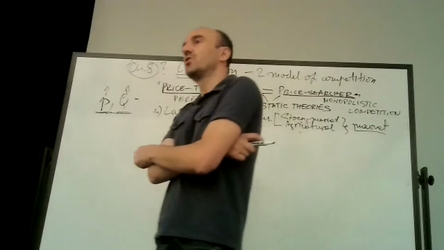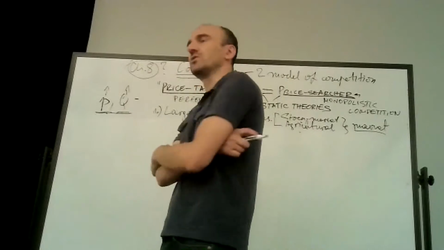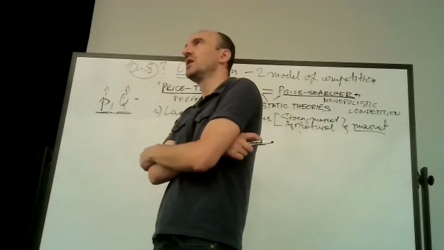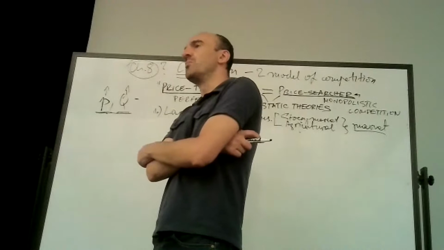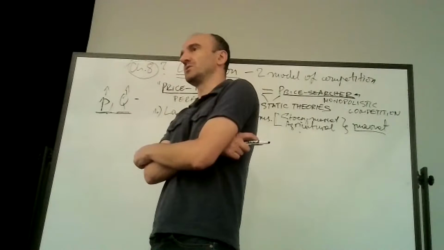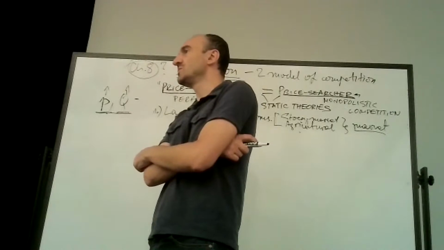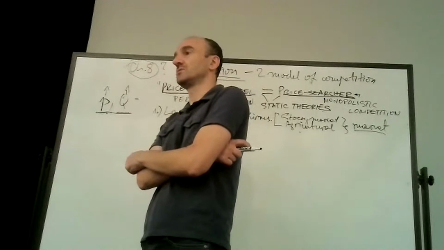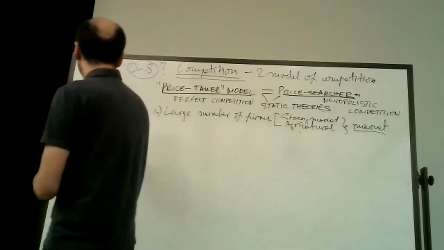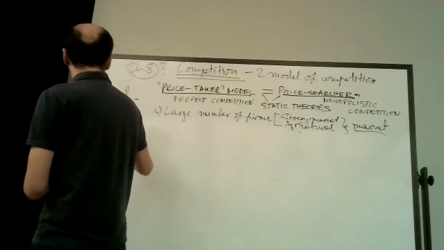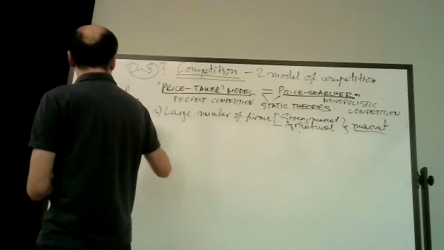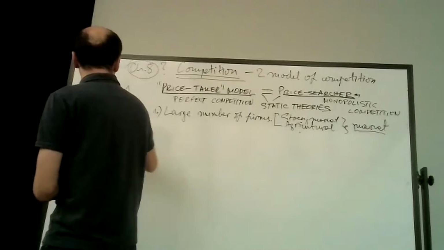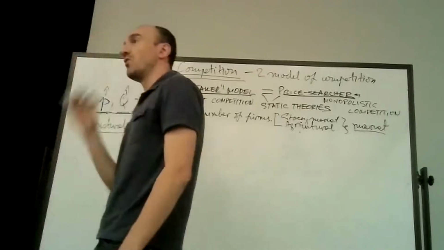You can call this a structural theory of competition, which means that what determines the competitiveness of a given market is primarily its structure, meaning the number of firms. The structural theory of competition says that there are 3 types of markets.